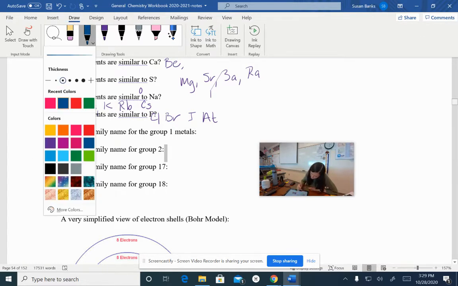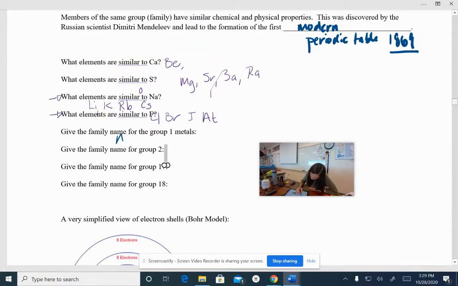Remember they are called the alkali metals because when you put them in water, they create a base. And in British English, alkali means base.